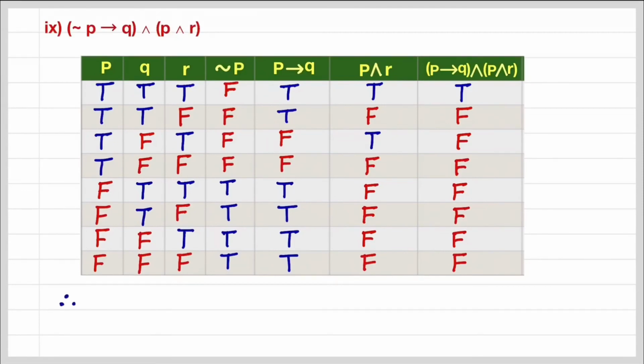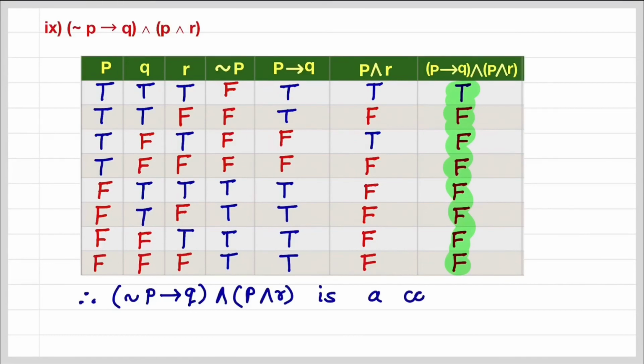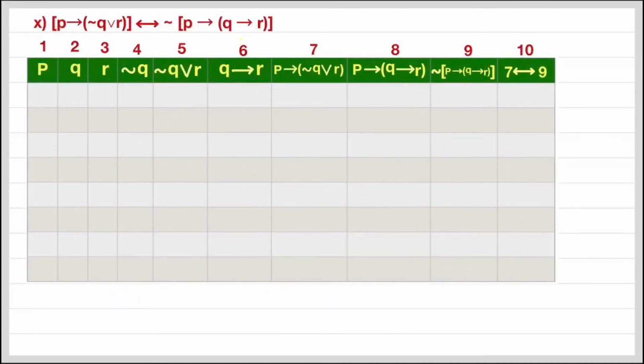Here not all entries are T, not all entries are F. Therefore, the given statement pattern, negation of P implies Q and P and R, is a contingency. Remember that when some entries are T and some entries are F, the given statement pattern is a contingency.